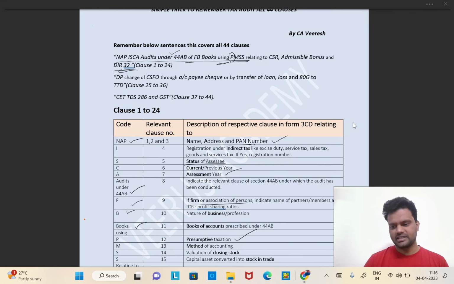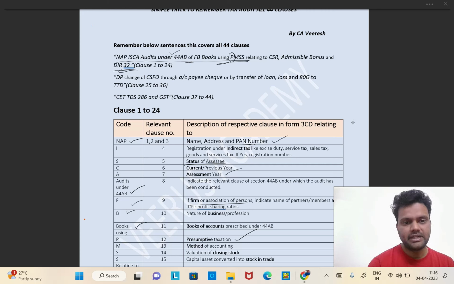So we will take another example and then move on to the next set of clauses. Now a question comes relating to the amounts which are not credited to the P&L account. What is the clause number? Amounts which are not credited cover duty drawbacks, escalation claims, etc. So how do you remember that particular clause? It also comes under the first 24 clauses.